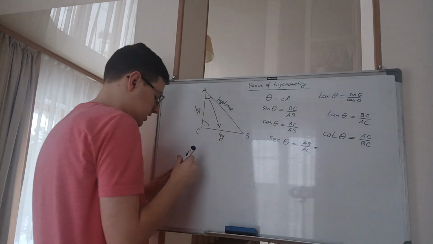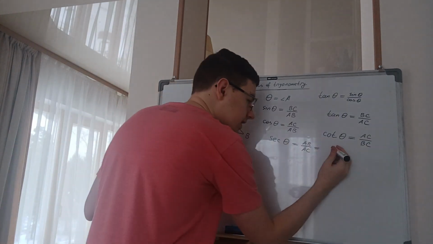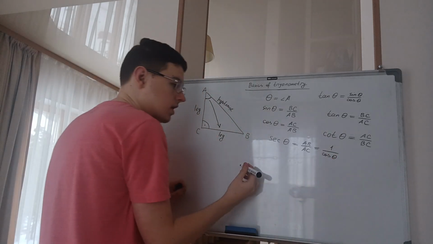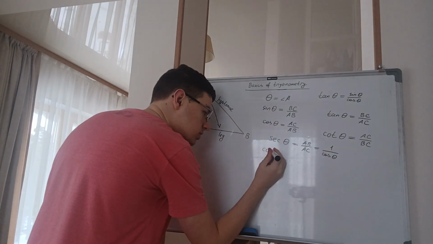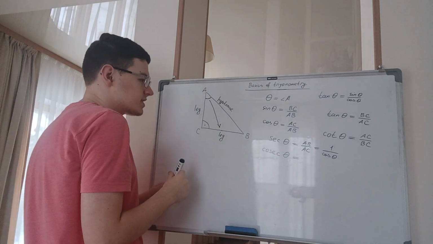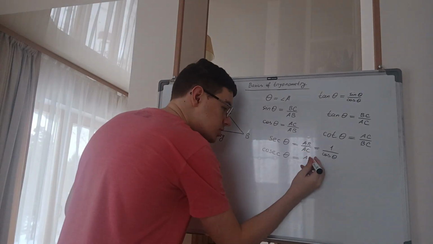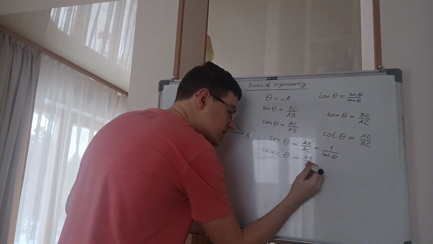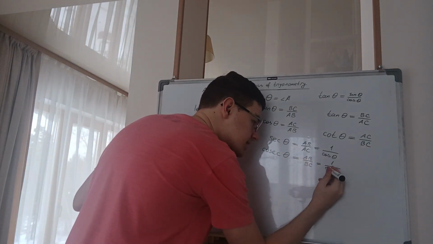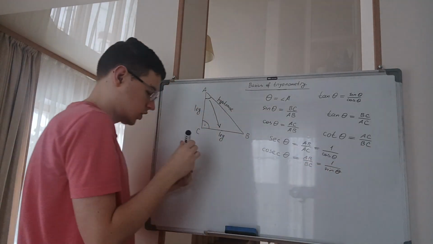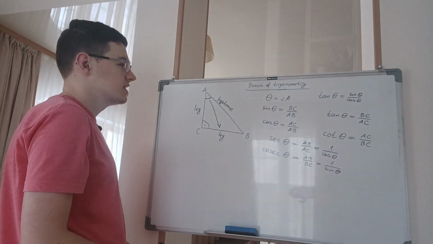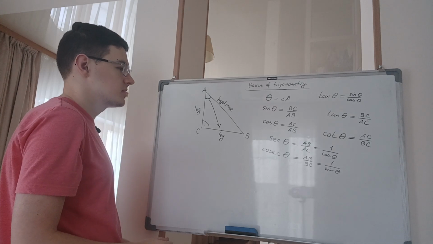The secant can also be written as 1 over cosine of theta. And also we have the cosecant of theta. It equals the ratio of the hypotenuse to the opposite line, or just 1 over sine of theta. I guess that's it for the functions.